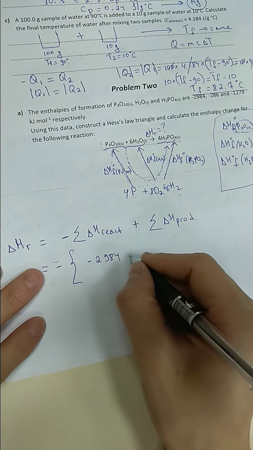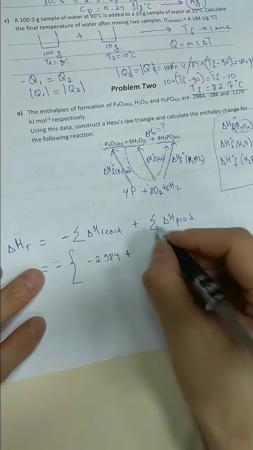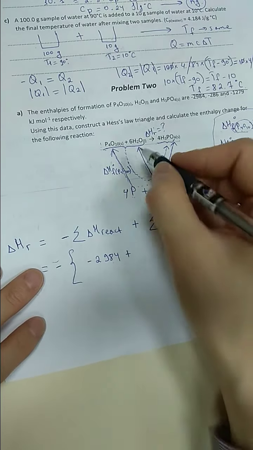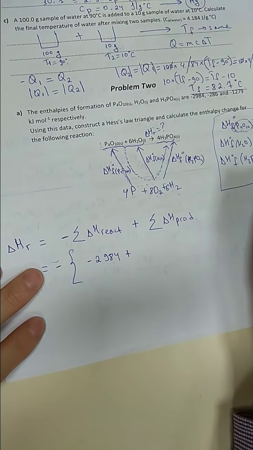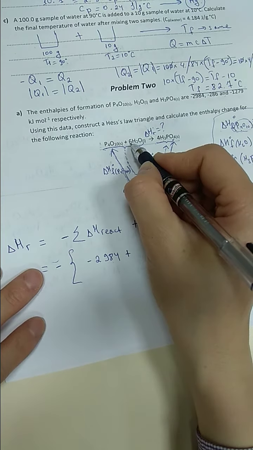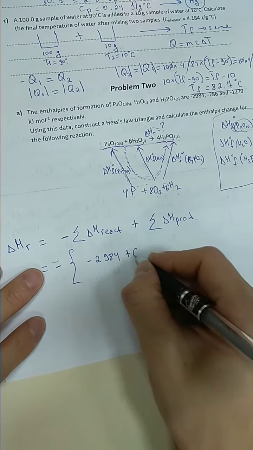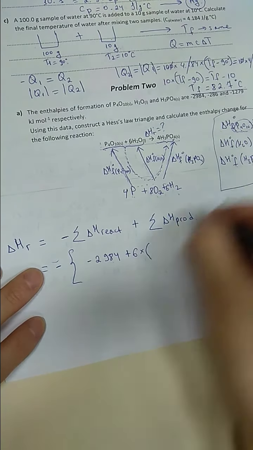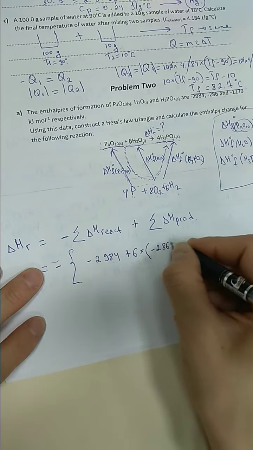And plus I have water. This value is given for forming only 1 mole of water, refer to the definition again. But I am forming here 6 moles of water, therefore I multiply by 6, and the value is minus 286 kilojoules per mole.